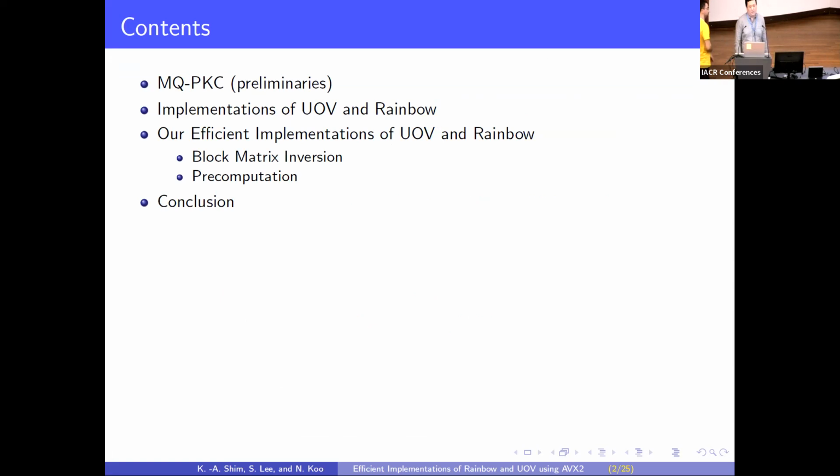First, I give some preliminaries on MQPKC, and next, I introduce our implementation results, which do not apply our method. Next, I introduce our efficient implementation method of UOV and Rainbow, including block matrix inversion and pre-computation. Finally, I conclude my talk.